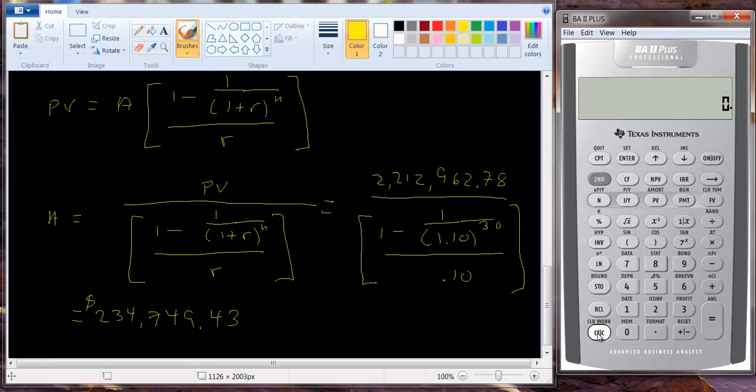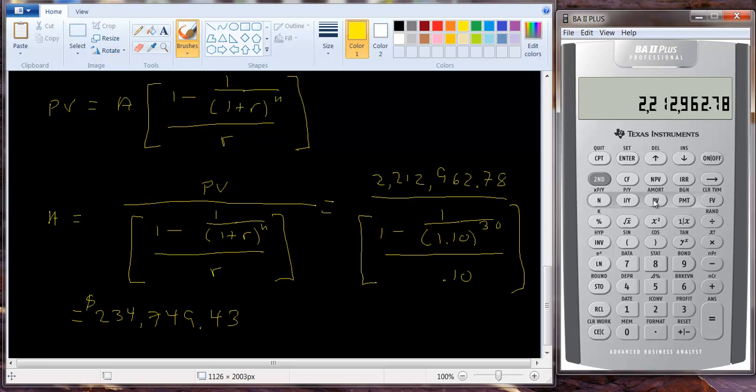We could have just typed this in. If you want to see this typed in separately, we can do that, rather than what I just did. 30 years, 10%. The present value I said was 2,212,962 and 78 cents.